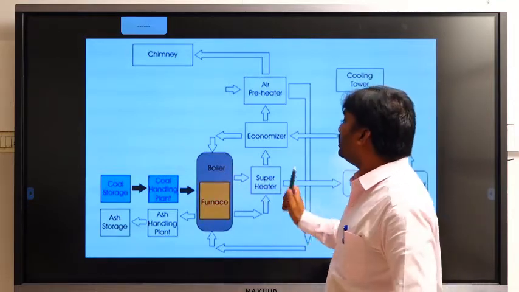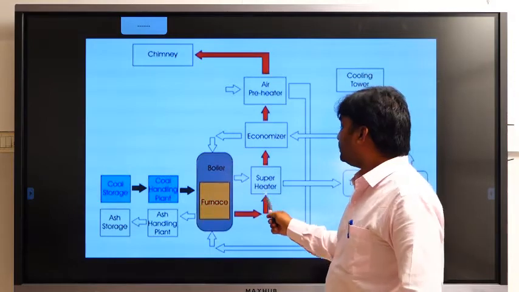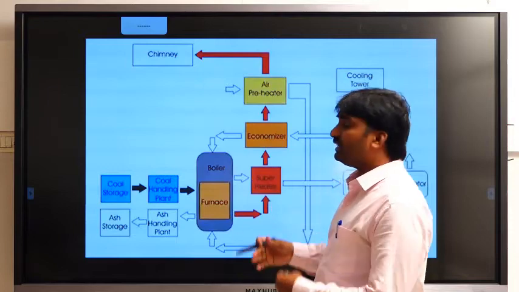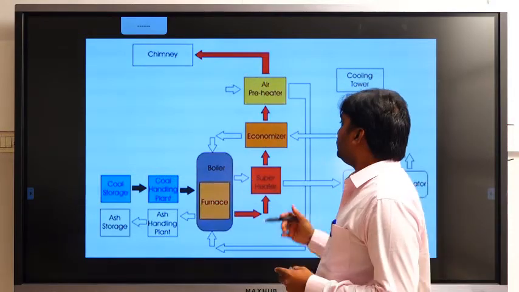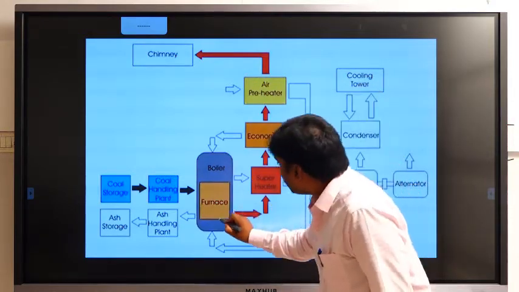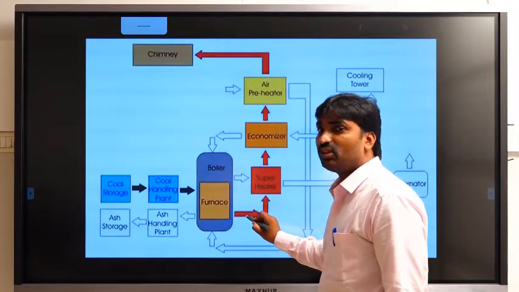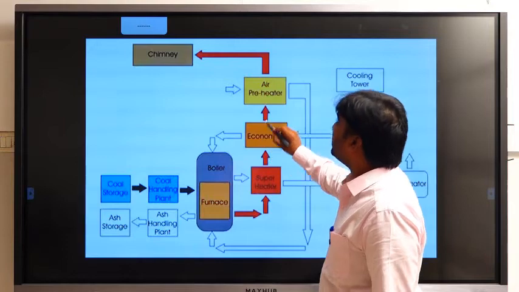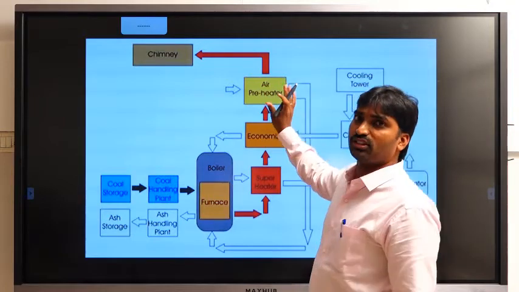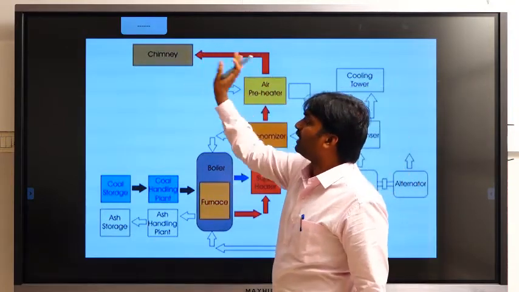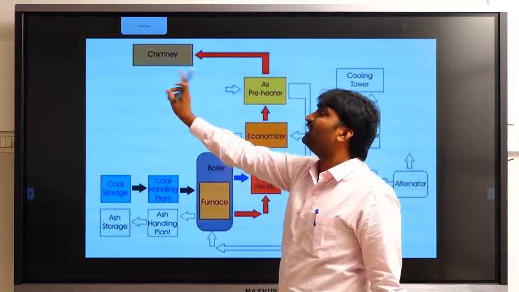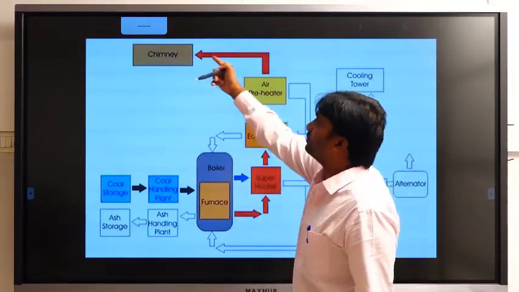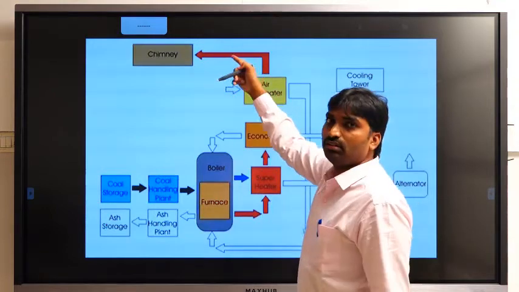That's why we are using the superheater. Okay, so this is the superheater. In a superheater, we increase the temperature of the steam, and also here we have exhaust gases. So the exhaust gases we are using for superheating of the steam, the economizer, and at the same time the air preheating process also. The remaining exhaust gas exits to the chimney. Okay, so this is another circuit, the exhaust gas circuit.